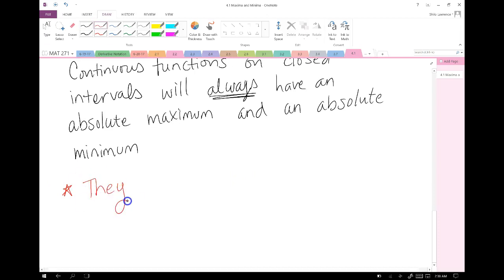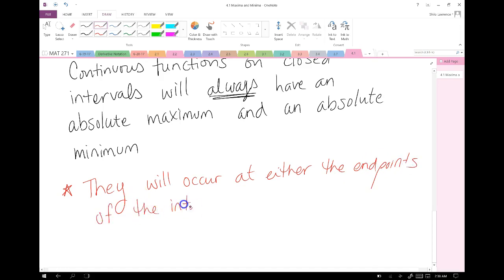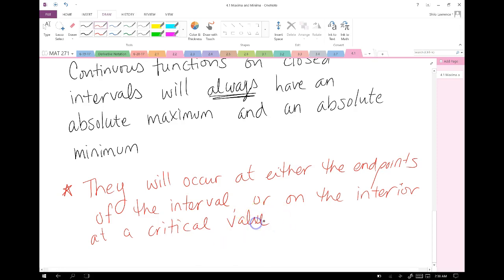They're either going to occur at the endpoints of our interval, or on the interior, somewhere within our interval, at a critical value. And we will talk about what a critical value is. Critical values are going to be really important here for the next couple of sections.